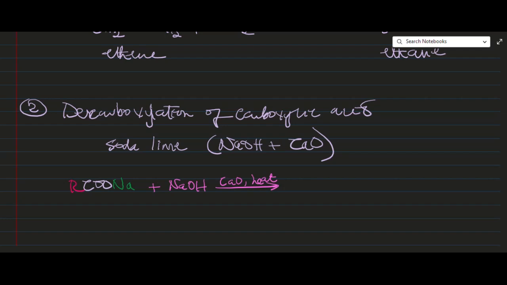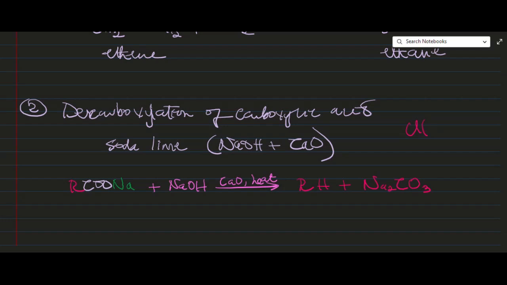We are going to have RH plus sodium carbonate, Na2CO3. So the RH is our alkane. Remember I said R is an alkyl group. So alkyl can be CH3, and then plus this H becomes CH4.